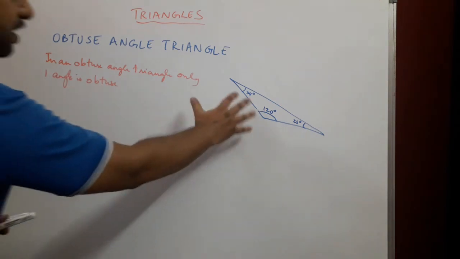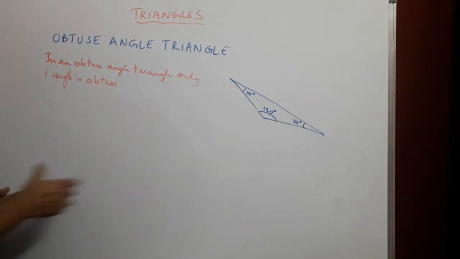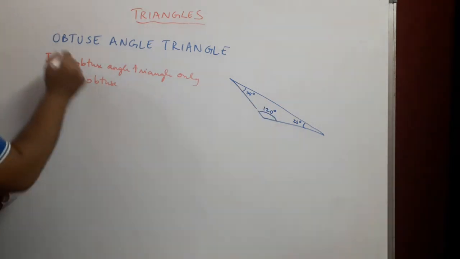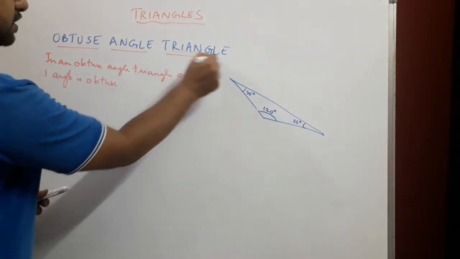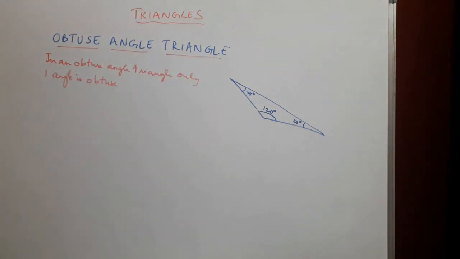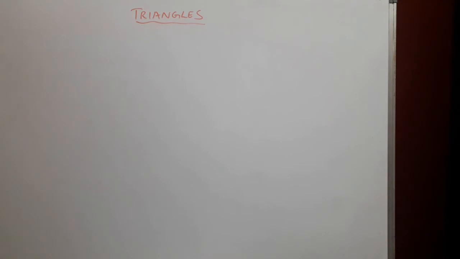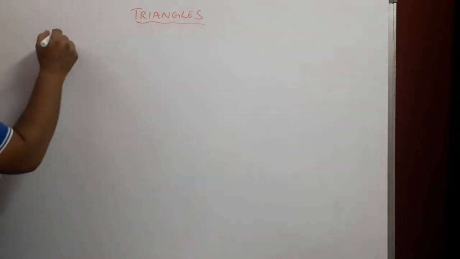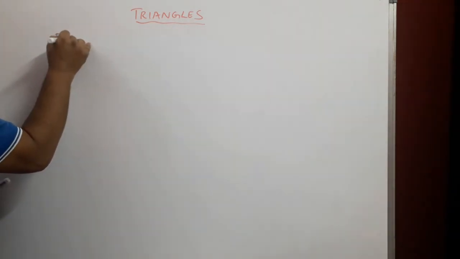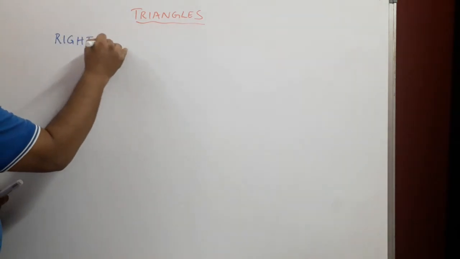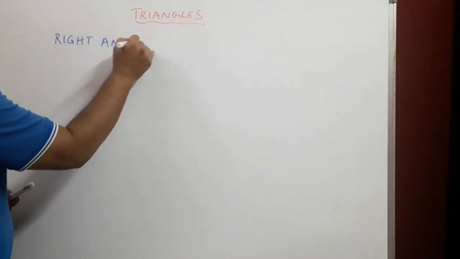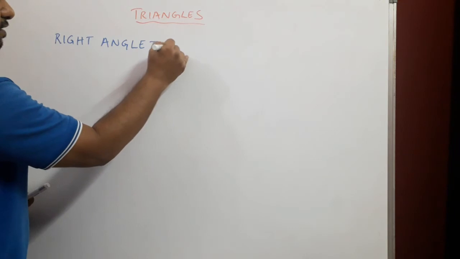So only when one of the angles is obtuse and the rest are acute, it is referred to as an obtuse angle triangle. Coming to the last type of triangle, but the most important type of triangle, is called a right angle triangle.